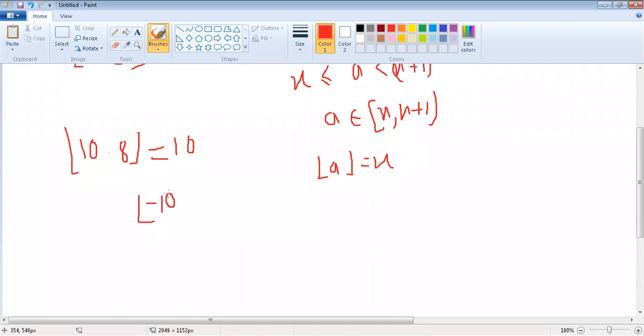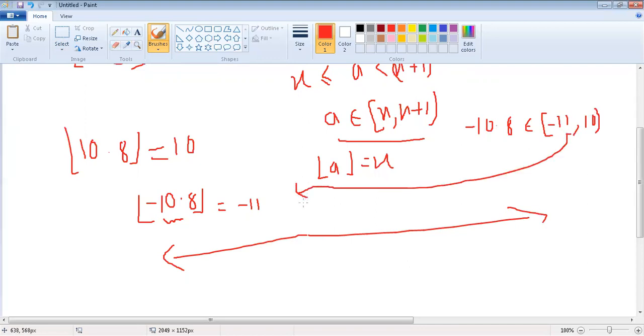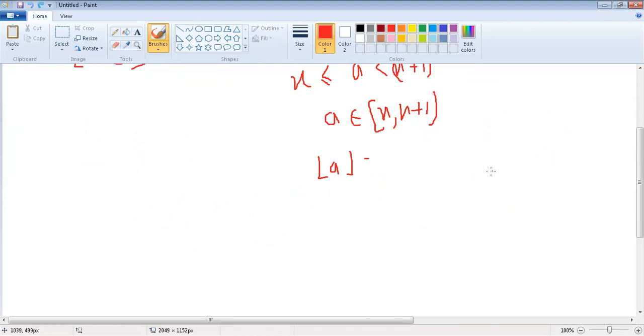So in case it is minus 10.8, here the GIF would be minus 11, because if I draw the number line, minus 10.8 lies between minus 11 and minus 10. So you can see why I wrote this 11 here. So this is the main idea behind this GIF function.